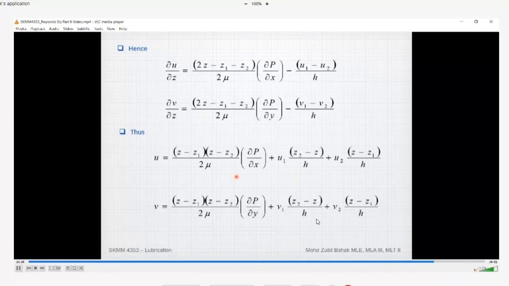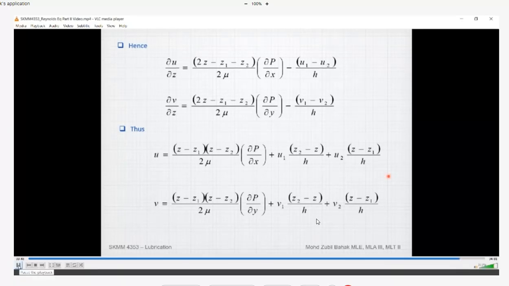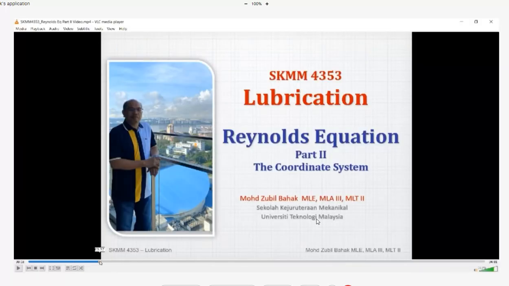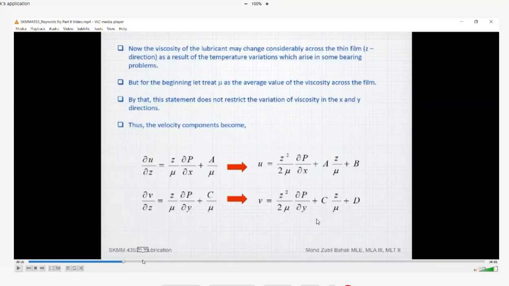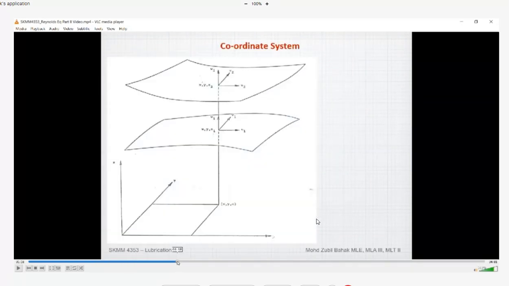Okay, so this is a general velocity equation for this coordinate system.